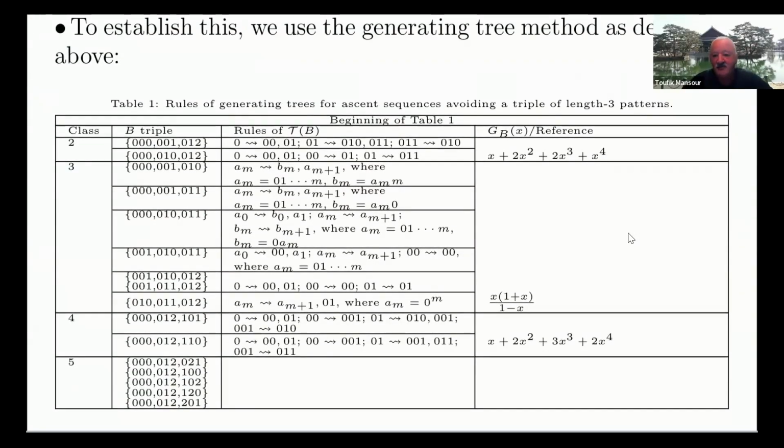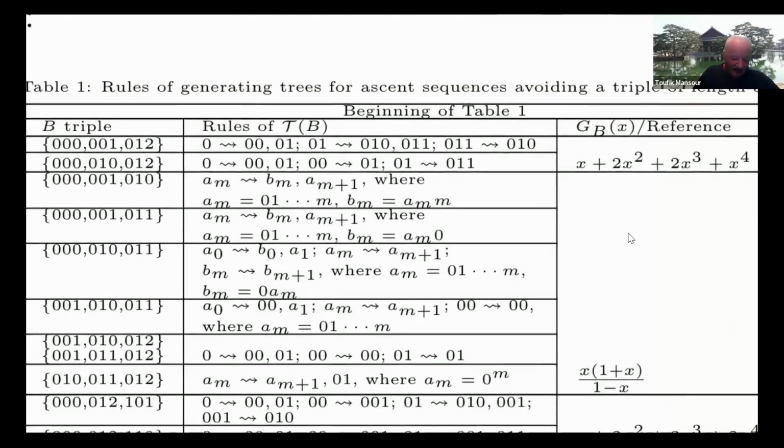Okay, here it is. So what is my program doing? Scanning all the possibilities of triples and for each giving me the rules, of course, not in such a table. When I ran the program, for example, in the first case here, this is the output of the program.